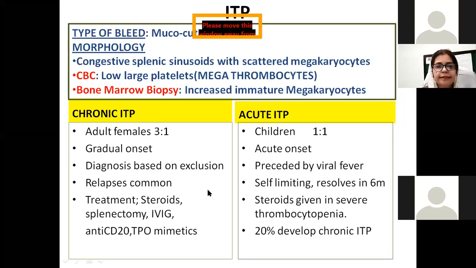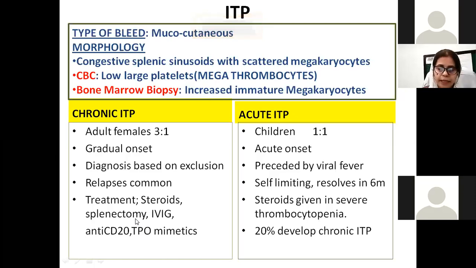Treatment: since it is an immune-mediated disorder, we use immunosuppressive therapy, steroids, immunoglobulins, splenectomy in some cases. In children, usually we use a wait and watch policy and only give steroids if thrombocytopenia is severe.